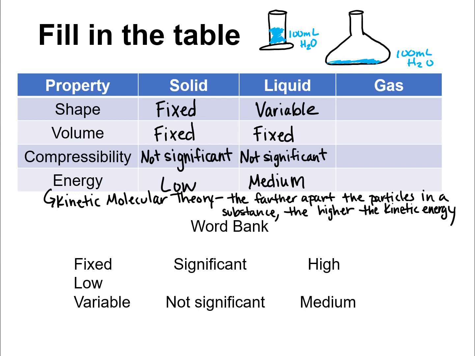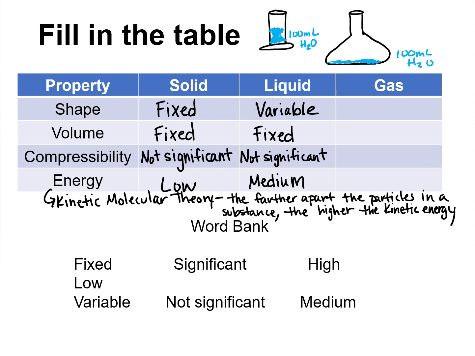The particles are still closely packed, but not as tight as a solid. And those particles are able to flow past each other. Hence, you have a liquid and it kind of flows when you pour water, right? So the energy associated with that, we're going to call medium energy, in between solids and gases.